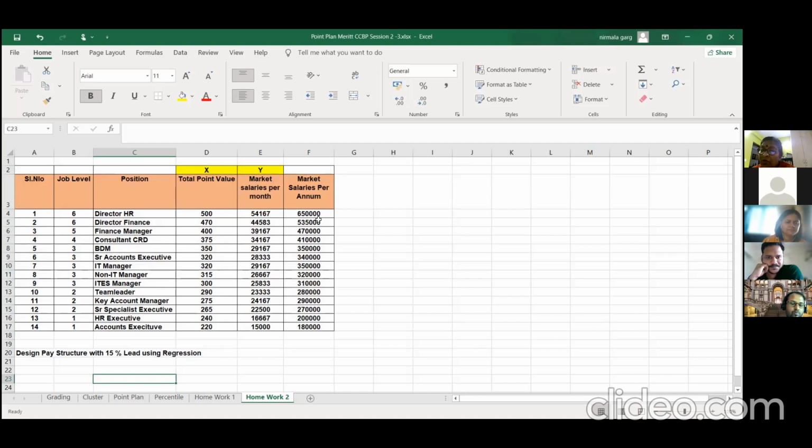Now, all you need to do is, you are going to be a lead payer. That means you want to pay 15% more. So what will you do? Once you get your 50th percentile, that is the median salary, you will increase it by 15%. Simple.